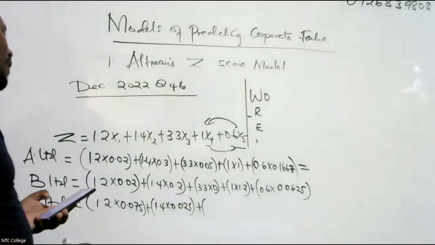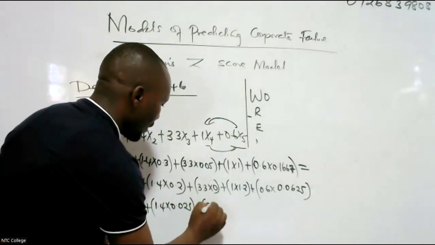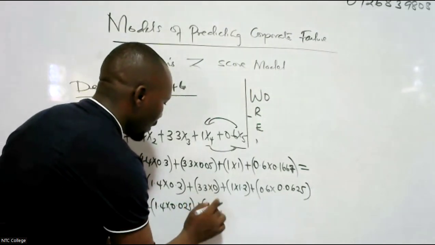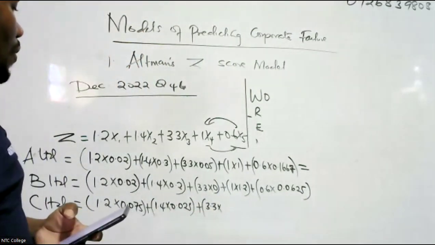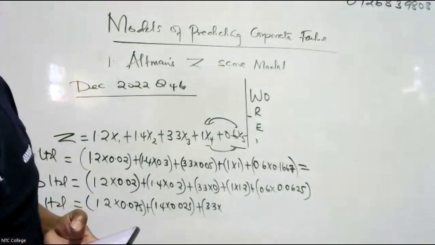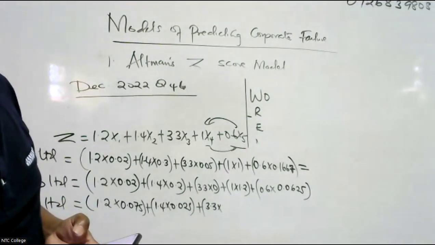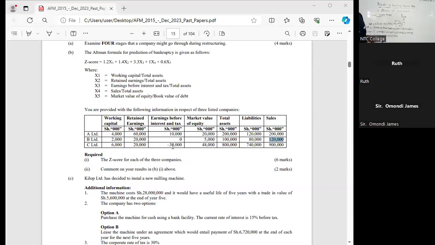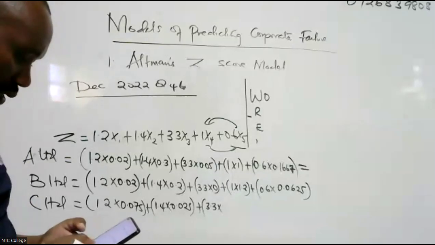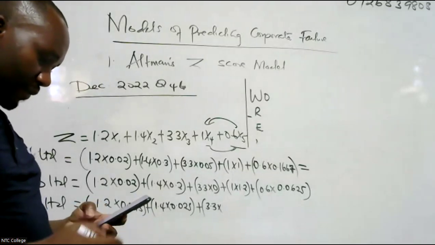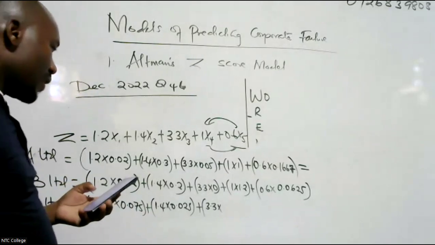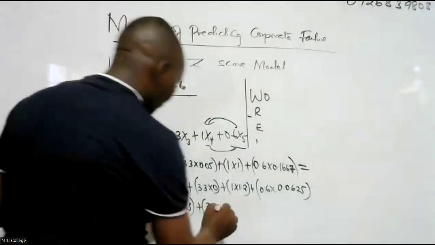Plus, we have 3.3 times. What do we have there now? We have EBIT. Negative 30 divided by 800. So we have negative 30 divided by 800, which is negative 0 point.